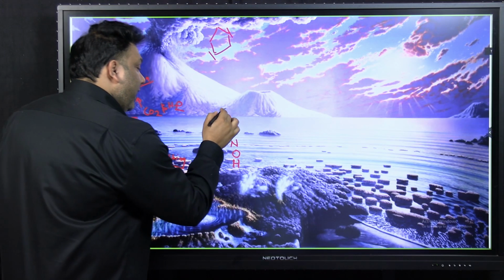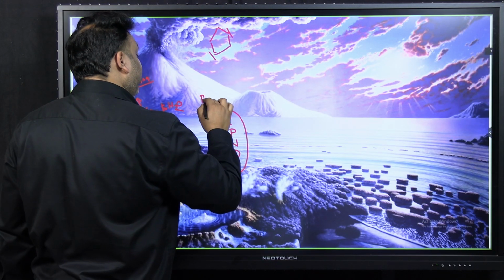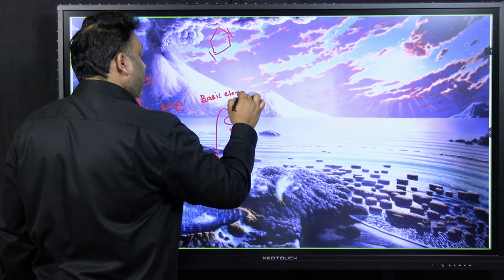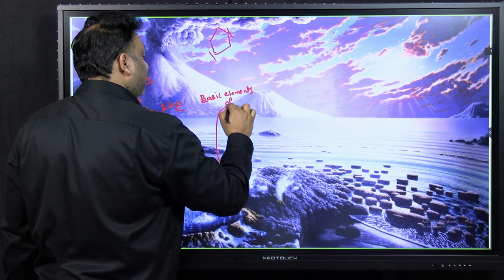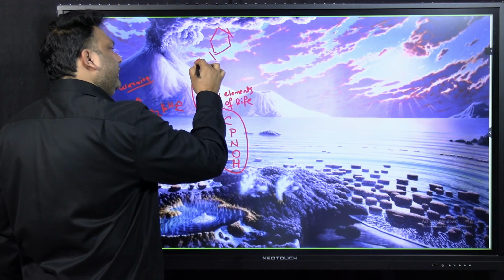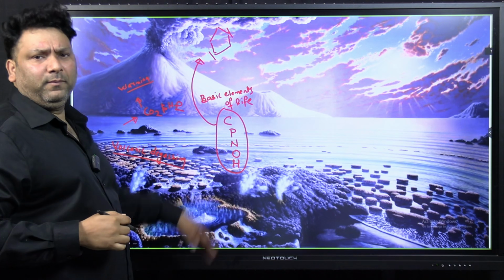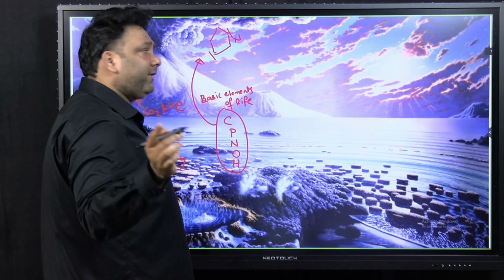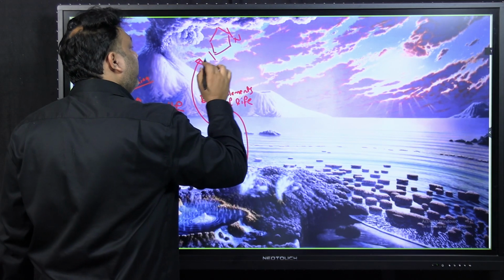So these are the 5 basic elements of life. Please keep this in mind, 5 basic elements of life. From these 5 basic elements, a sugar compound will be formed. Here you will have a nitrogenous base, which you will study in science and technology, and here you will have a phosphate group.